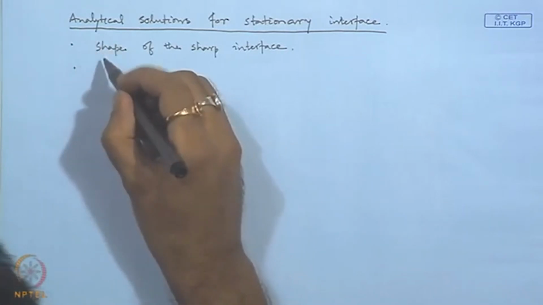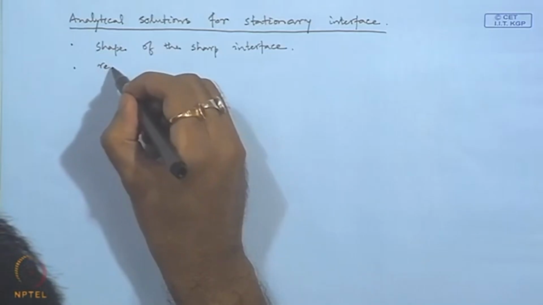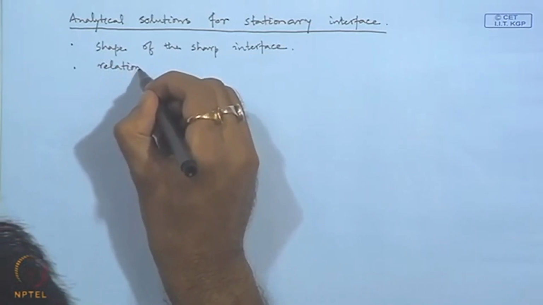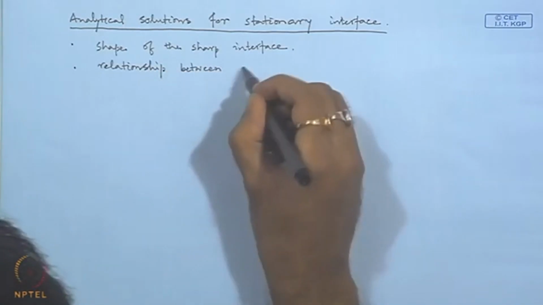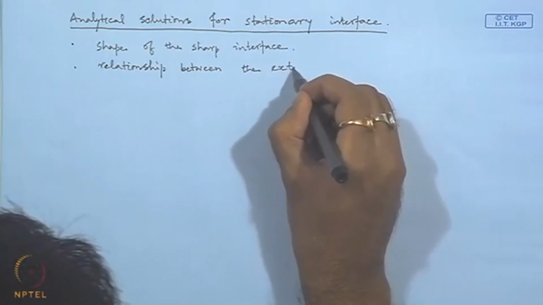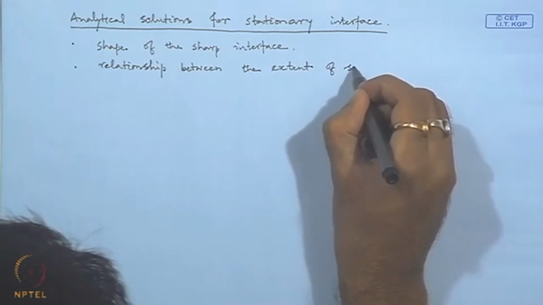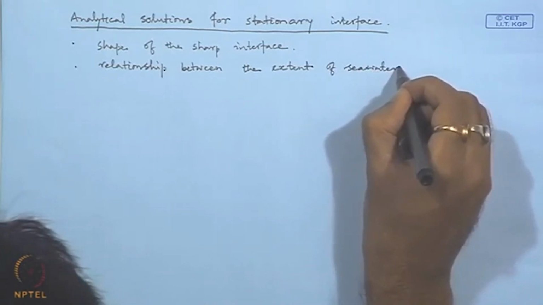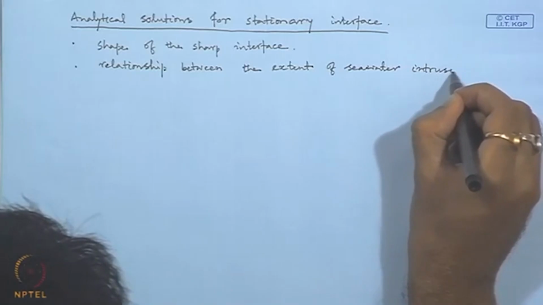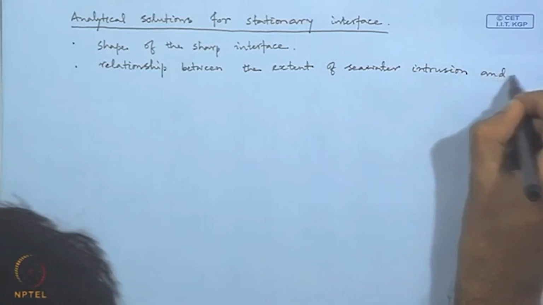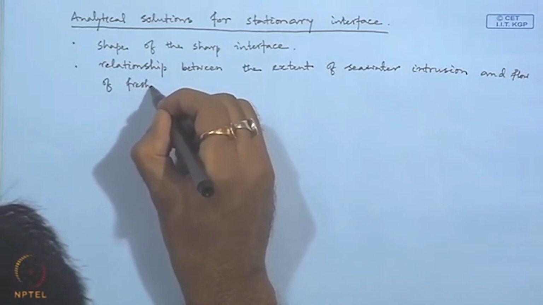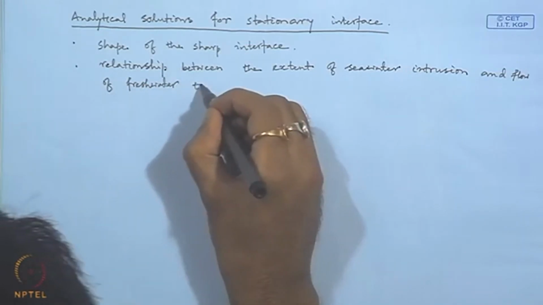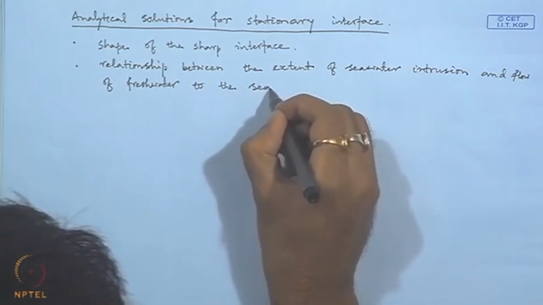Next, we can find out the relationship between the extent of seawater intrusion and flow of fresh water to the sea.